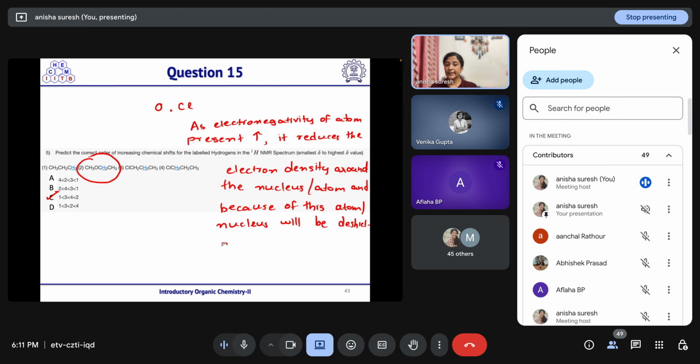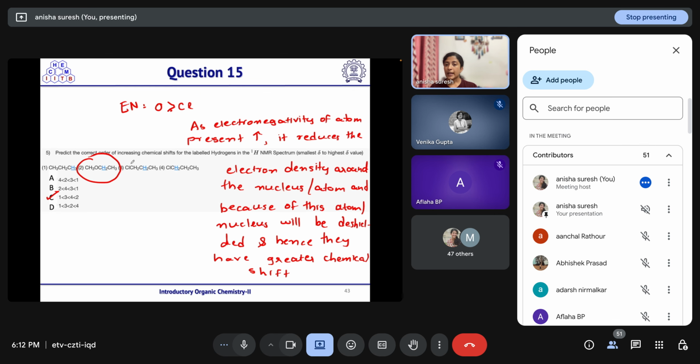There will be no shielding by electrons, so they have greater chemical shift. If we are considering oxygen and chlorine, the electronegativity of oxygen is greater than chlorine, and because of that this CH2O, CH2CH3 proton will experience a greater chemical shift than Cl, CH2, CH2, CH3.